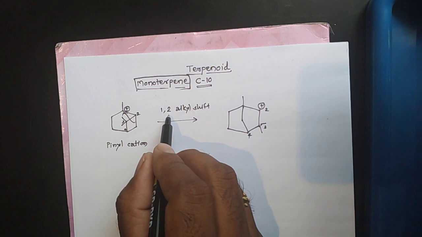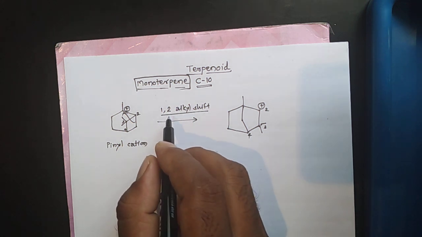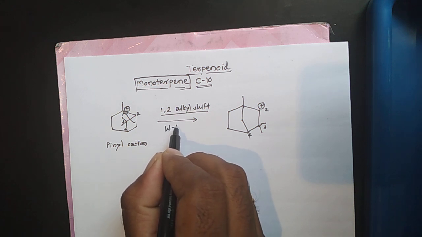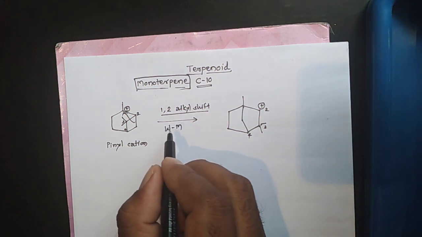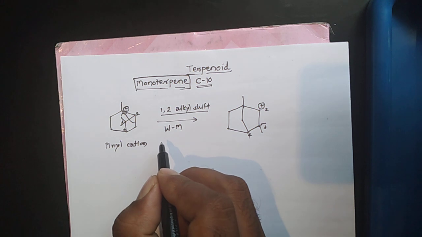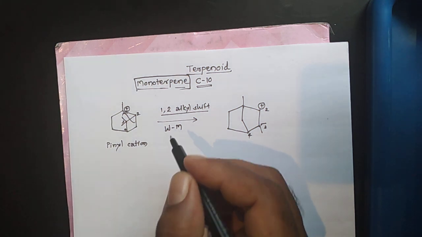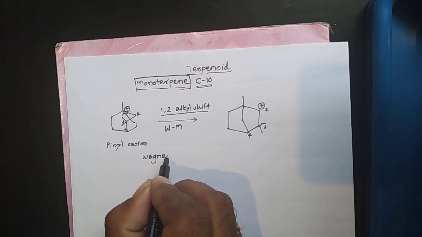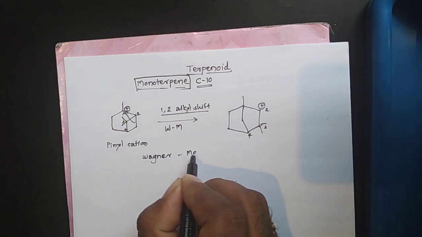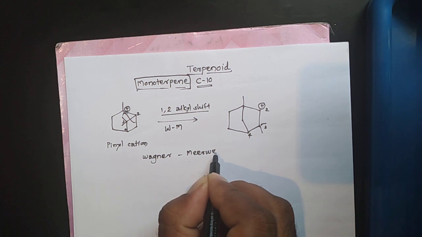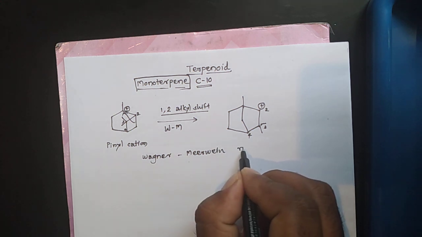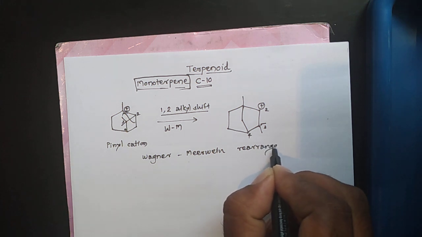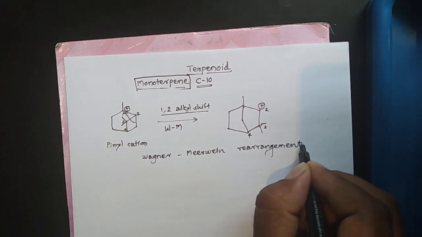Actually this 1,2 alkyl shift is called the Wagner-Meerwein rearrangement. Or better I will write down the spelling for that. Wagner-Meerwein rearrangement.